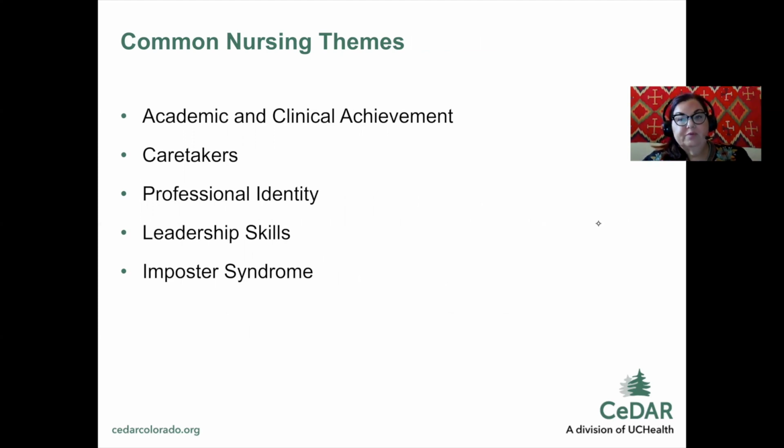In putting together this presentation, I started to think about common nursing themes that support us in learning how to be competent, effective nurses, how we're socialized as nurses. The first is academic and clinical achievement.